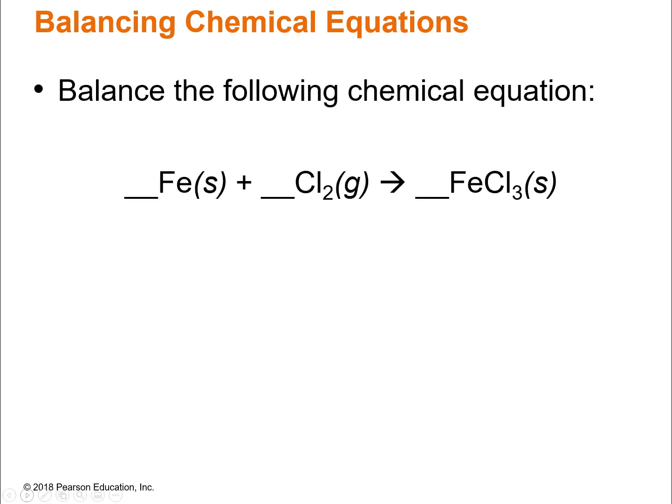With all those tips and things in mind, I'm going to show you how I balance an equation. Before I start putting numbers anywhere, I'm going to make a chart. I'm going to figure out how many of each atom I have on each side so I can figure out where I should start with balancing.